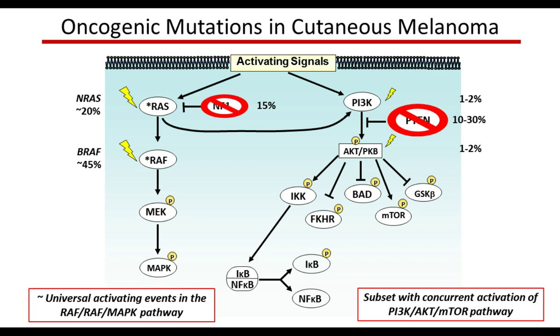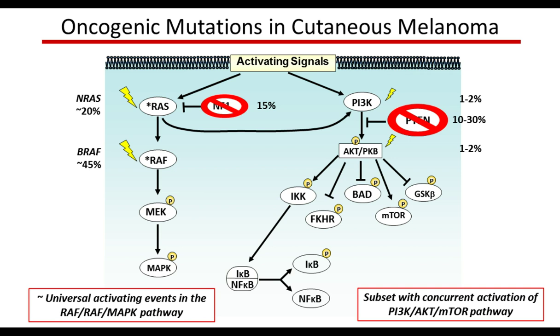Now, early studies have shown in melanoma and other cancers that NRAS mutations, in addition to activating the MAP kinase pathway, can activate other pathways, and so this was actually the initial evidence for a role of the PI3 kinase AKT pathway in this disease. And what we've seen over time are rare activating mutations in the PI3 kinase and AKT kinases, and more frequently, complete loss of expression of the PTEN tumor suppressor gene, the major negative regulator of this pathway.